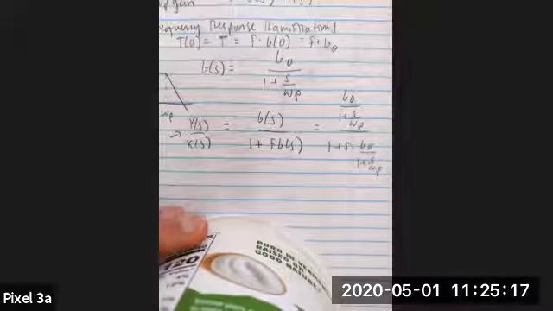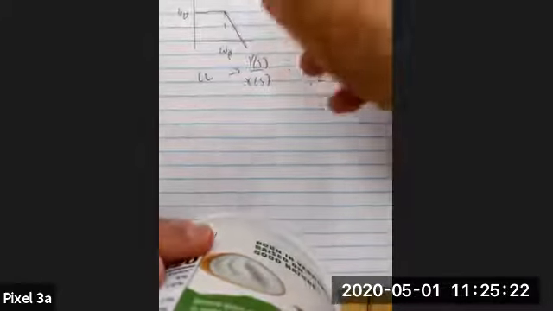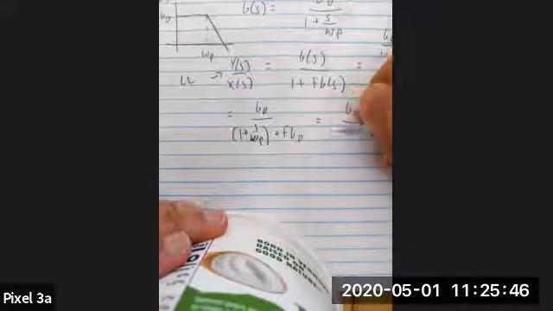Hopefully everyone can see that one. And now we're going to multiply the top and the bottom by 1 plus s over omega p to get that this is equal to g naught over 1 plus s over omega p plus f times g naught. And we had previously defined f times g naught as this value T, which is the DC loop gain. And so what we see is that this is going to be g naught over 1 plus T plus s over omega p.